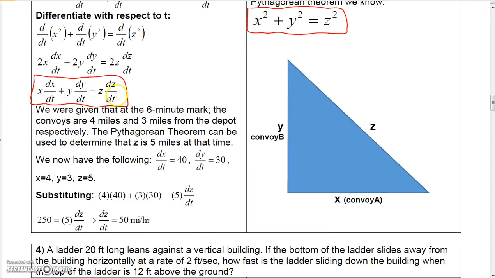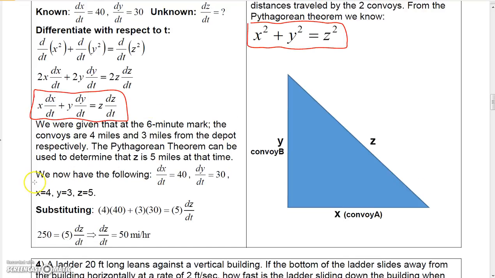Well, at the 6-minute mark, you can determine that x is 4, y is 3, and then if you know x is 4 and y is 3, you can use the Pythagorean theorem to find out that z is 5. So we know at the 6-minute mark, those are the 3 values for x, y, and z.